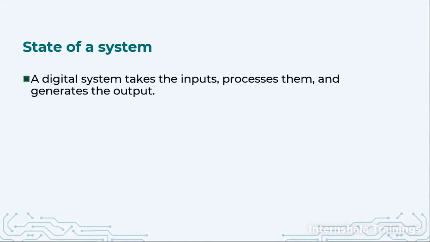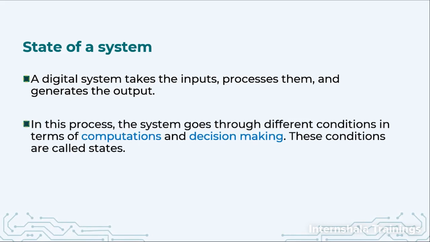So first of all, we have to understand the term state. A digital system that is either combinational or sequential is going to take input, process it and then generate the output. In this complete process, we are not doing one single step. We take a sequence of steps.